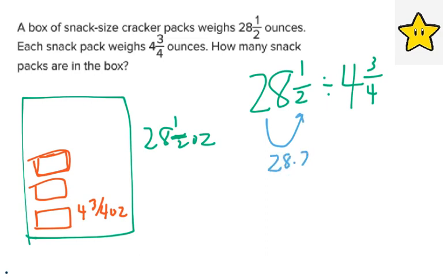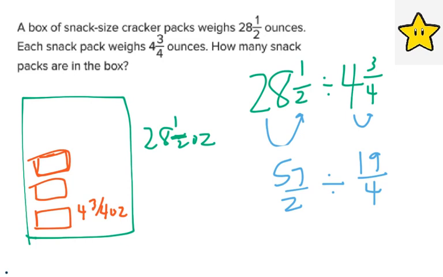So 28 times 2 is going to give us 56. And then we add the numerator to get 57 over 2. I'm going to have divided by 4 times 4 is 16 plus 3 is 19.